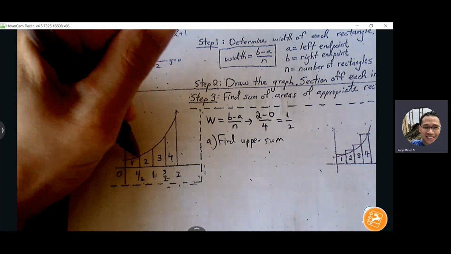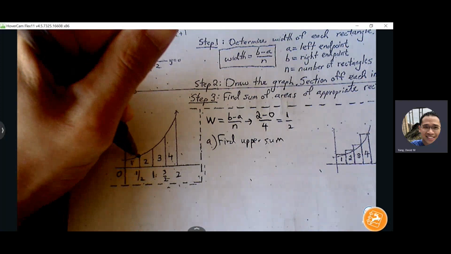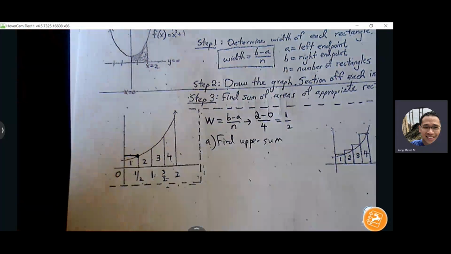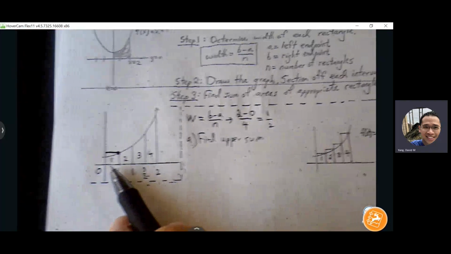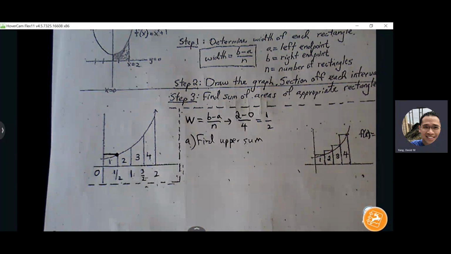So you're going to highlight 1/2, and you're going to drag that height across your first subinterval. That is going to represent the height of your first rectangle, because we're purposely forcing our rectangles to be higher than the actual region, because we want an over approximation.